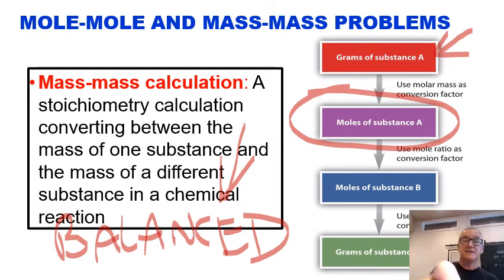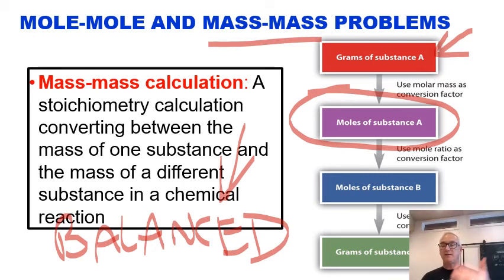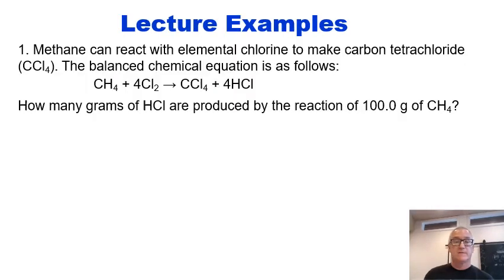I've been asked for the mass of substance B. So now I need to do another conversion. Then I need to convert moles of substance B back to grams. So this one takes the most work. If you're given the mass of something and asked for the mass of something else, you need to do 3 conversions. So let's do one here.